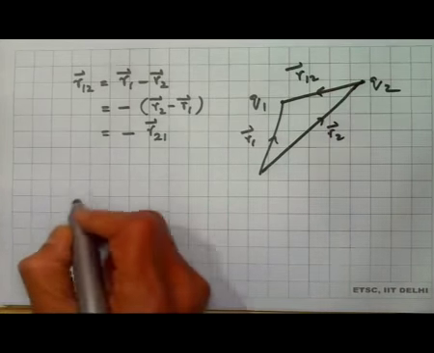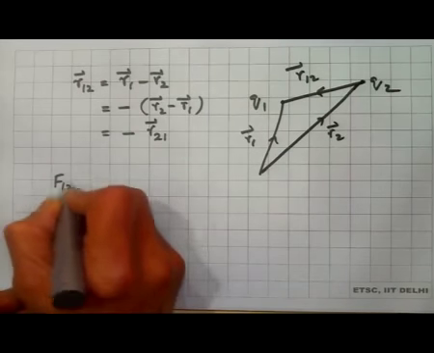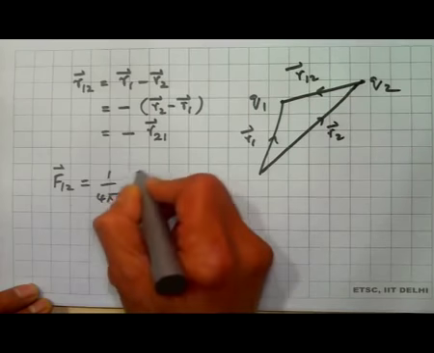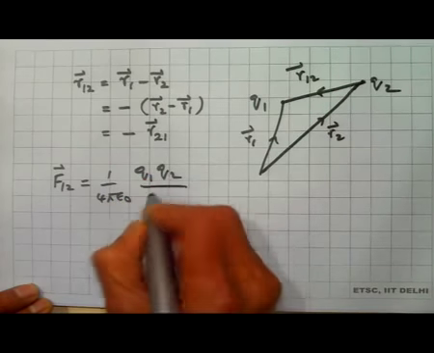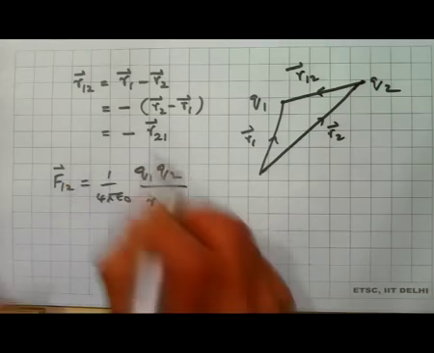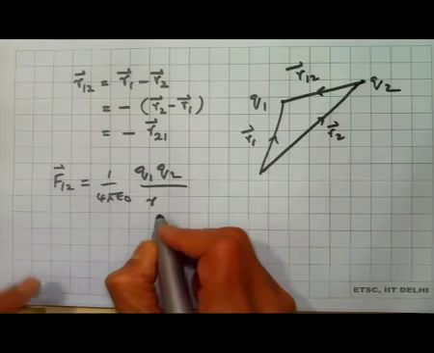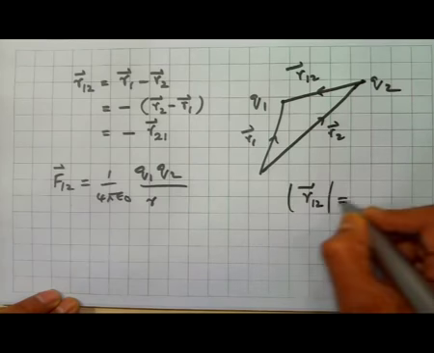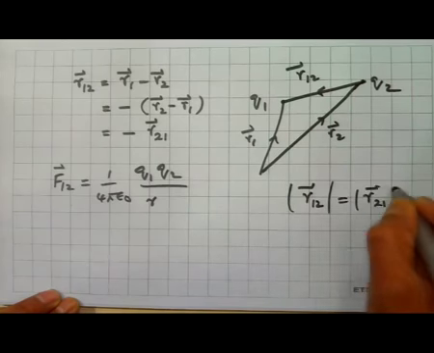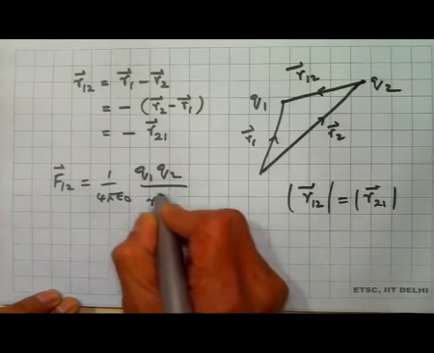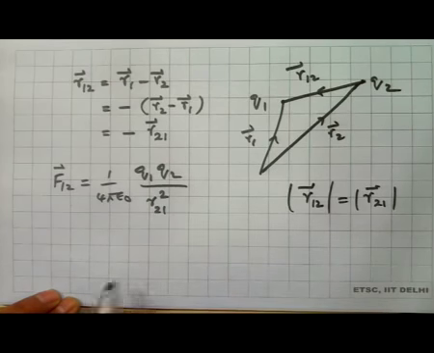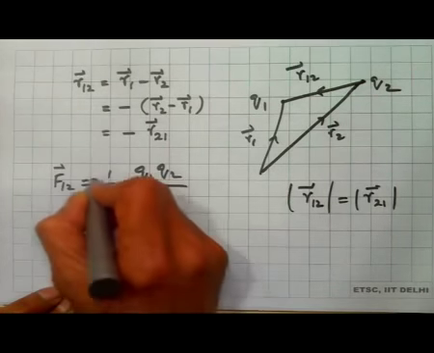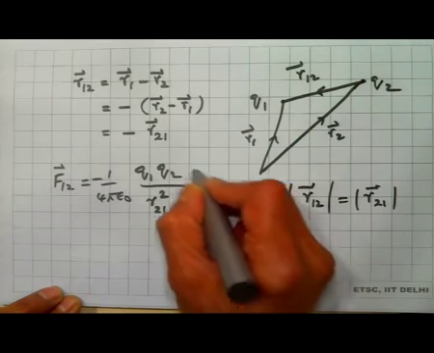So, the force as you can see here, F12, becomes 1 by 4 pi epsilon 0 q1 q2 by r. Now, because the r12 vector is minus of the r21 vector, the magnitude of the r12 vector is equal to the magnitude of the r21 vector. So, I can write r21 square instead of r12 square, and the r12 unit vector is minus the r21 unit vector. So, I put a minus sign here and I put r21.